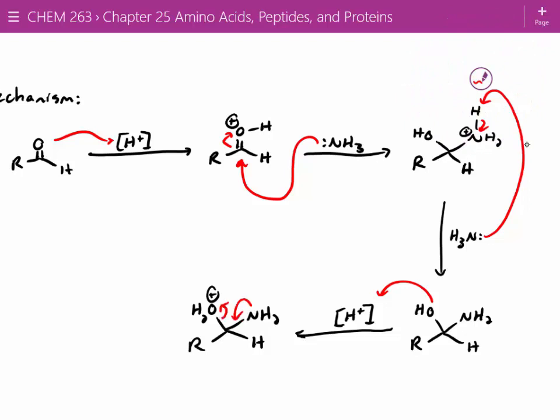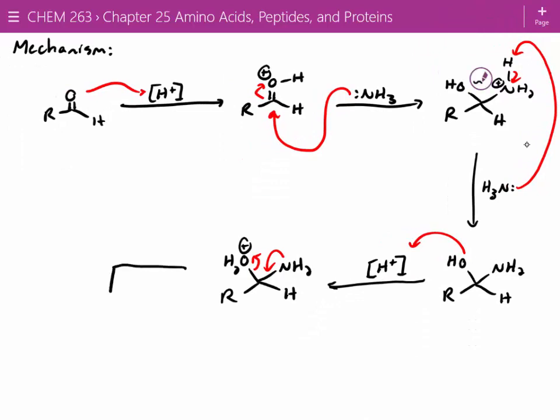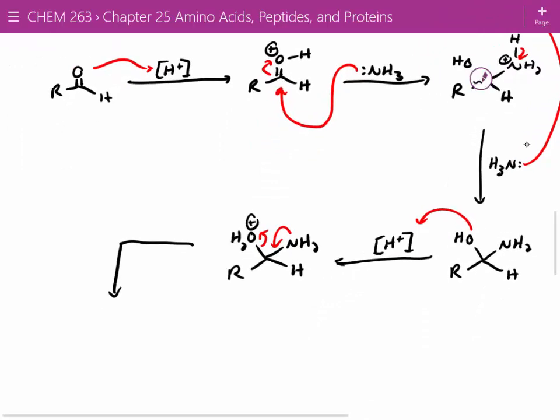Looks exactly like our imine formation. All right, so we've converted our aldehyde into our imine. These are all under equilibrium conditions. I'm just shorthanding it with single-headed arrows.